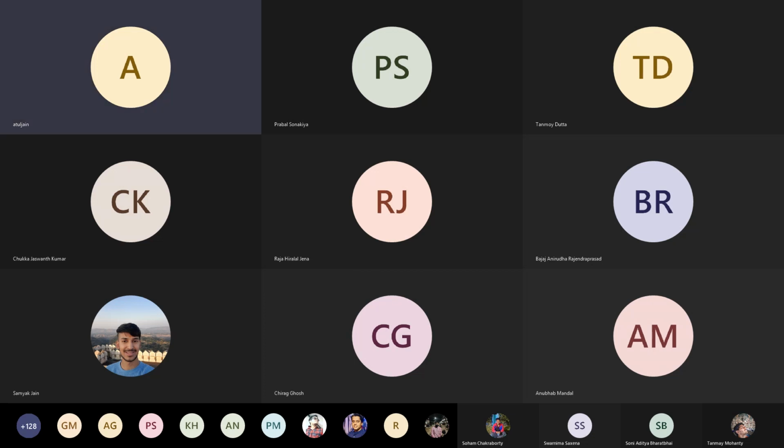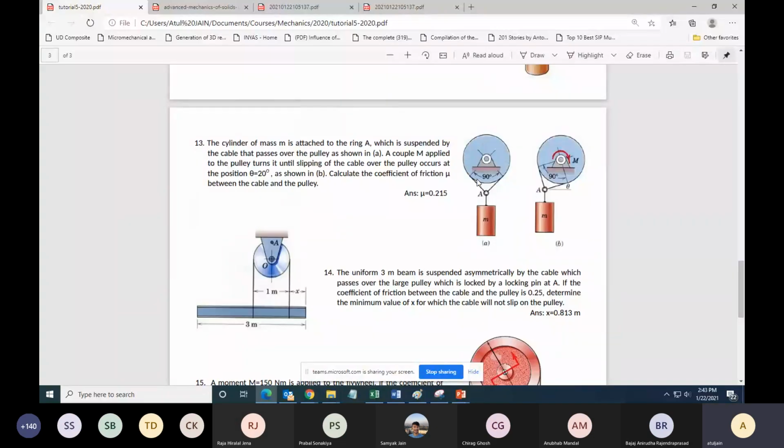Yeah, so we are looking at problem number 13. Let us draw a moment is applied. Now the entire thing is shifting such that one of the arms of the pulley is making an angle of 20 degrees. Now we want to find out what is the friction between the cable and the pulley.